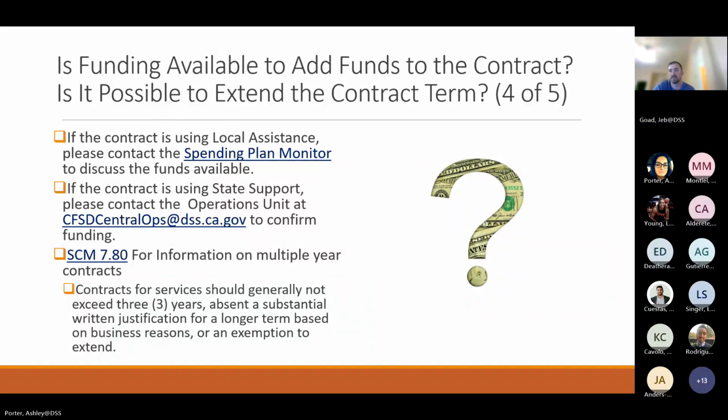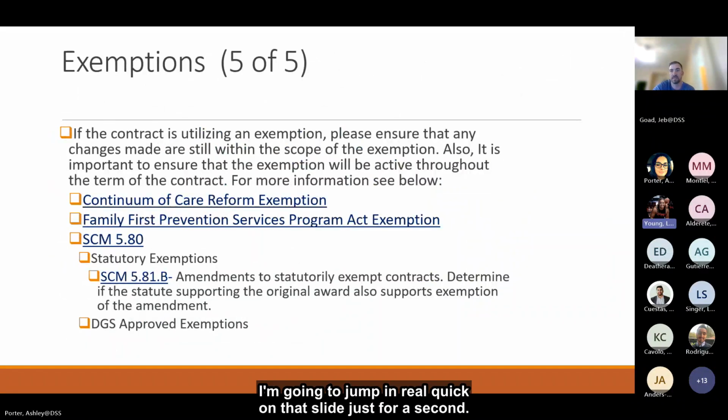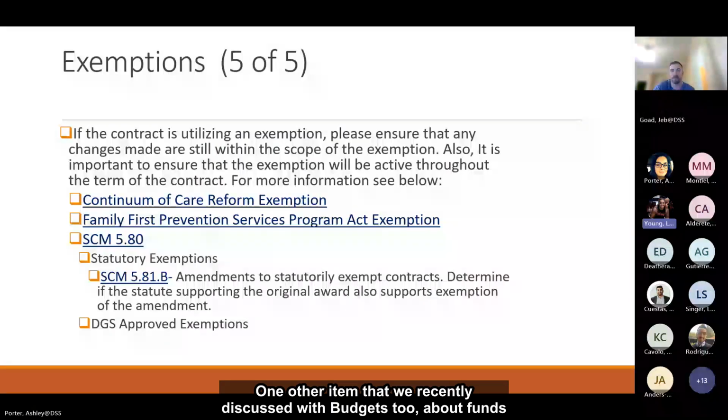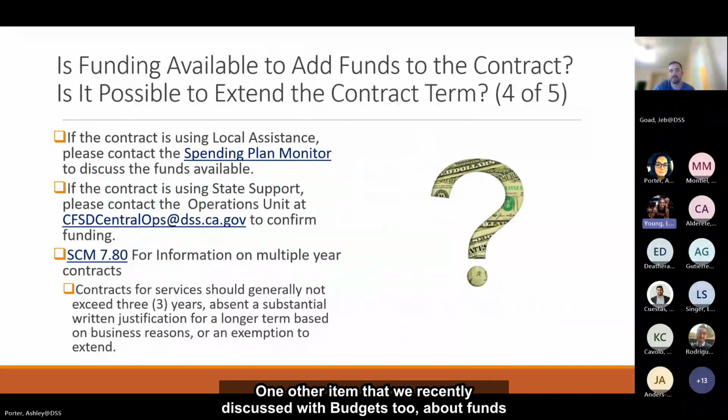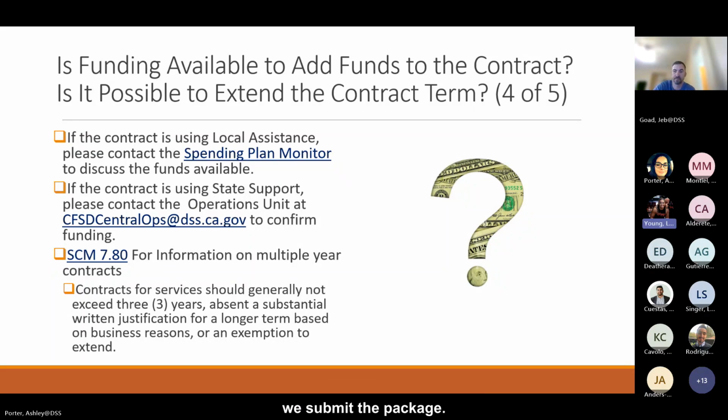Next slide. I'm going to jump in real quick on that slide just for a second. One other item that we recently discussed with budgets too about funds and amendments is also making sure when we're moving funds between fiscal years that we are discussing with our accounting partners before we submit the package.